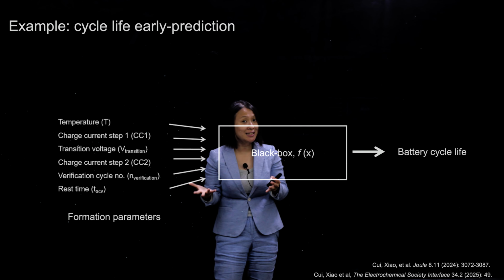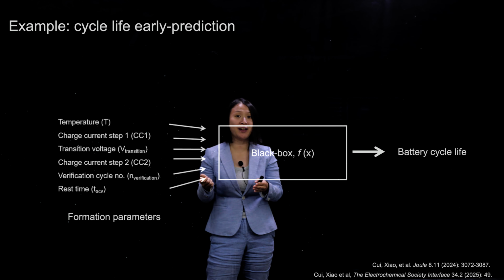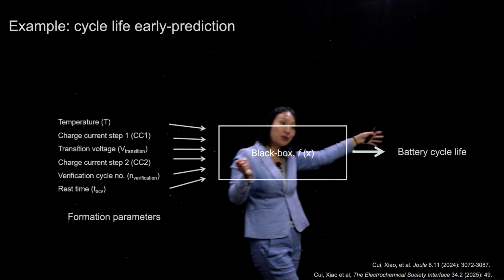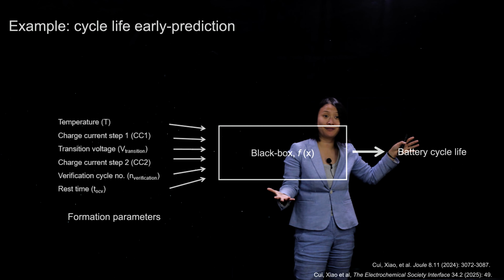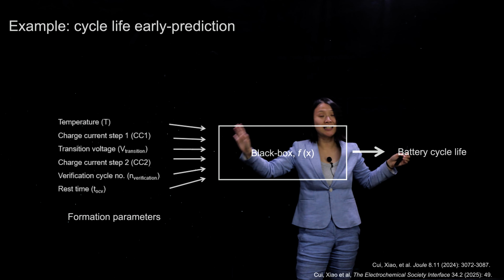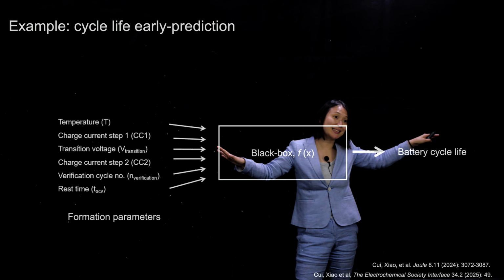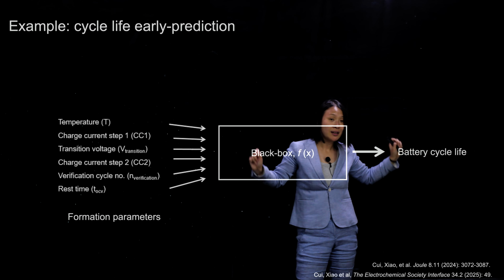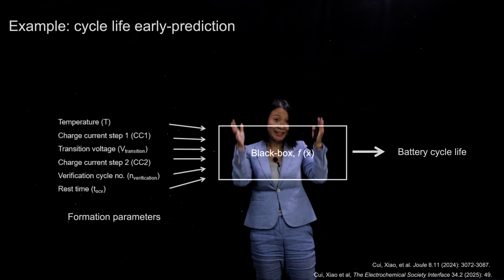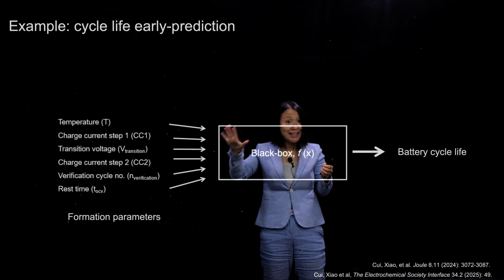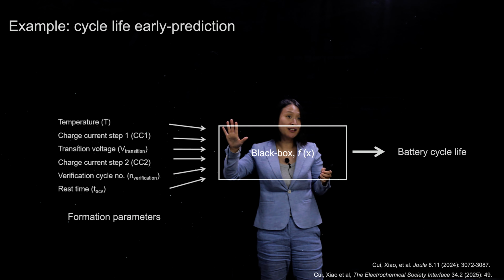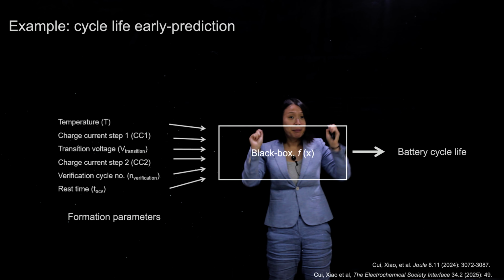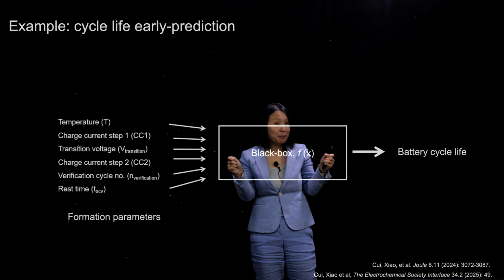And battery formation is the last step of battery manufacturing. So these different formation protocols would lead to a very diverse battery cycle life. In other words, formation as a manufacturing step would impact how long a battery would last and when it will fail. So we can build a pretty accurate model to take the early cycling information from batteries and predict when it would fail. But at this point, it's a black box model.